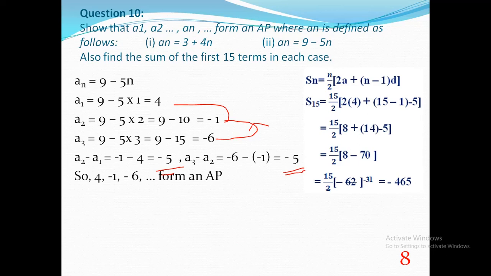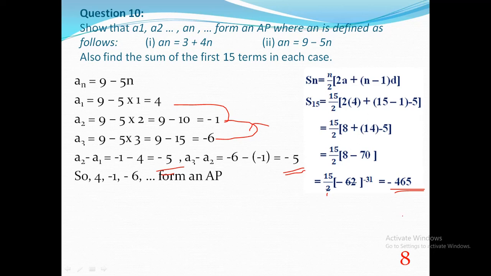So 15 by 2 into 2 into 4, that is 8, plus 15 minus 1, 14, into minus 5, that is minus 70. 8 minus 70 is minus 62. 2 and minus 62 have a common factor of 2, giving minus 31. So minus 31 into 15 is minus 465. So 465 is the answer here, with a negative sign.